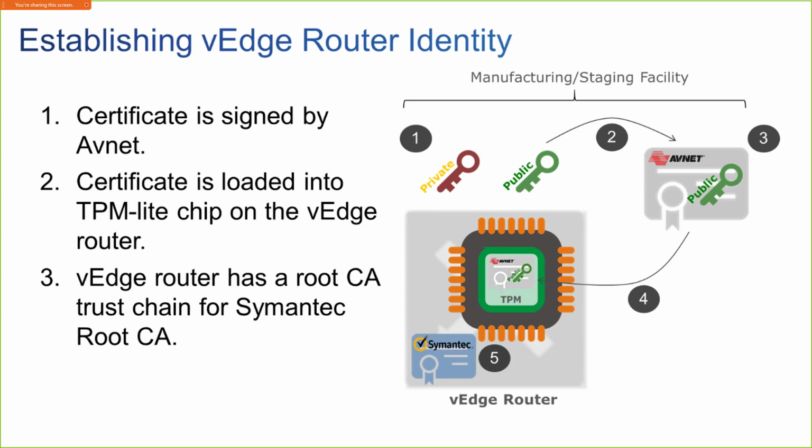It's managed automatically, built into the router when it's manufactured. We have the serial number, the device's private key, the public key, and so on. Like I said, when the vEdge device boots up and joins the network, it exchanges its certificate, including the public key and the serial number, with the other SD-WAN devices as part of that device authentication process.